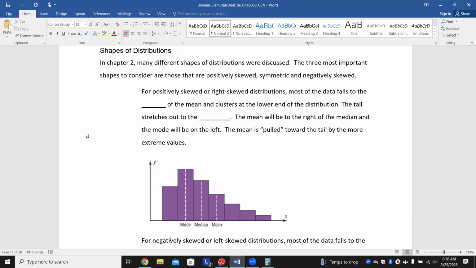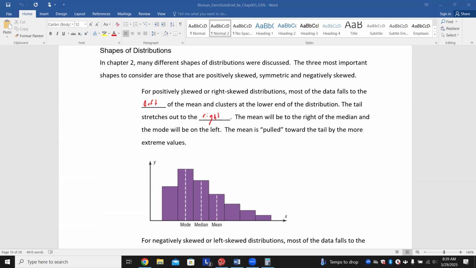For positively skewed, or what we also called right skewed, most of the data will fall on the left of the mean and cluster at the lower end of the distribution. The tail stretches out to the right. So again, the mean will be to the right of the median, and the mode will be on the left. The mean is pulled towards the tail by more extreme values.